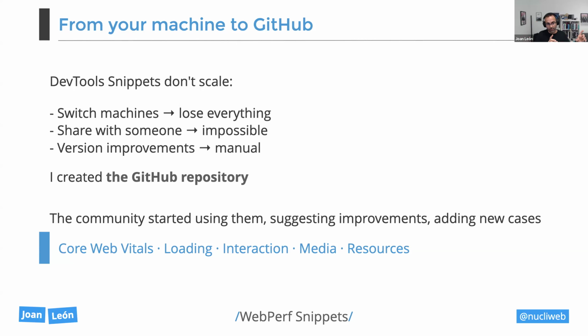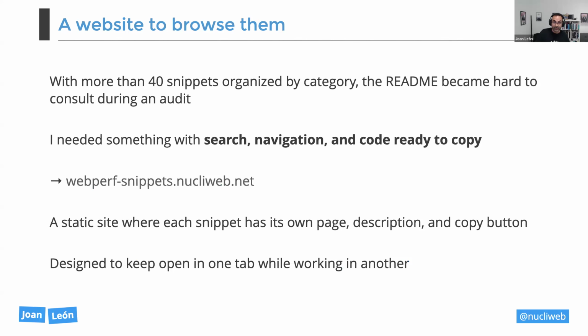Some of them are snippets for the Core Vitals, another for loading, interaction, media, and resources. When we have a lot of scripts, more than 14 snippets in the same README file, it becomes hard to manage in an audit, and I needed something with search or navigation between different snippets, with code ready to copy and paste.